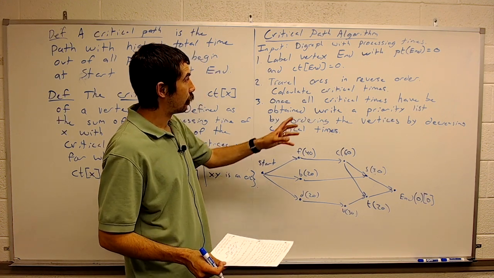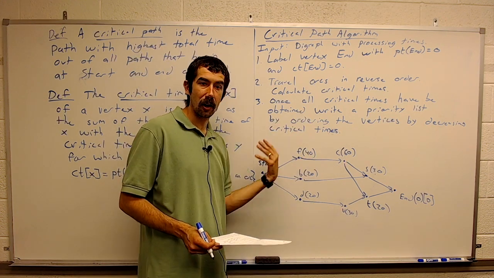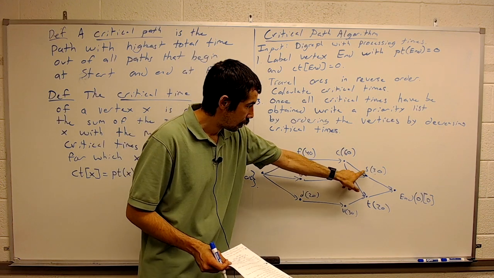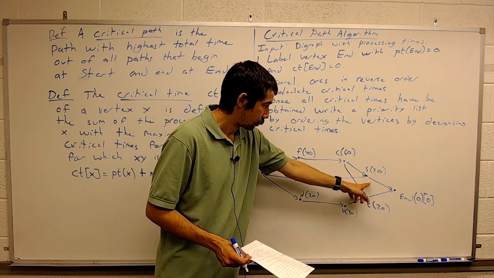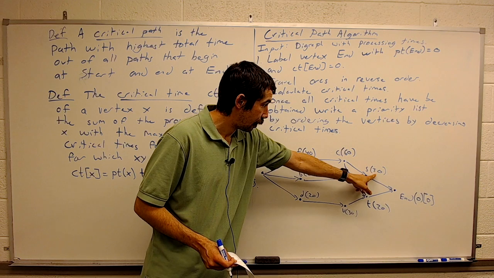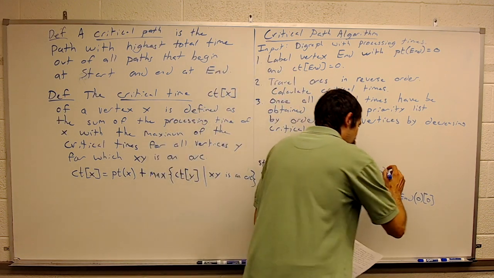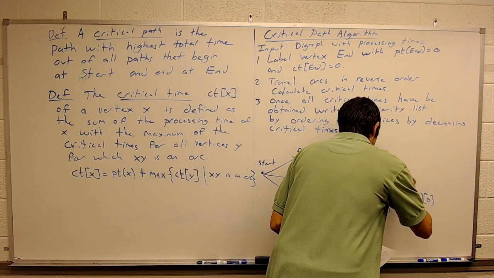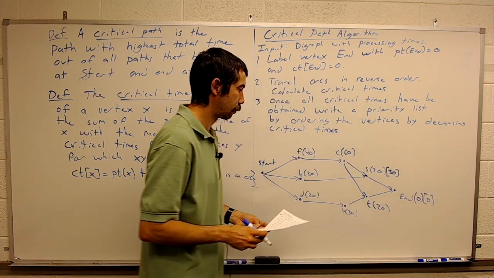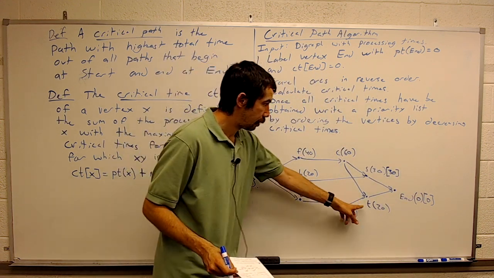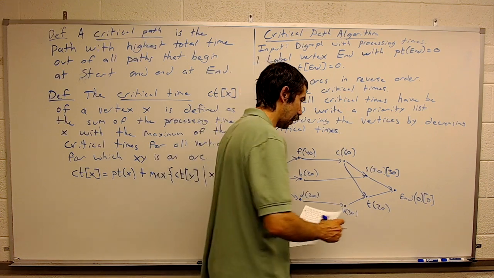Next step, we're basically going to travel the arcs from right to left. S points to end. Its critical time is going to be 30 plus 0, which is 30. T points to end, so its critical time is 20.